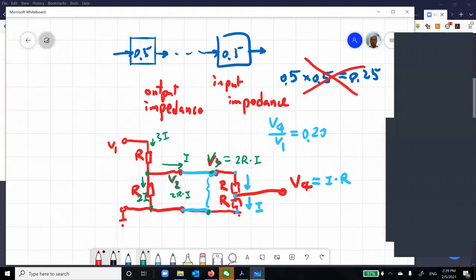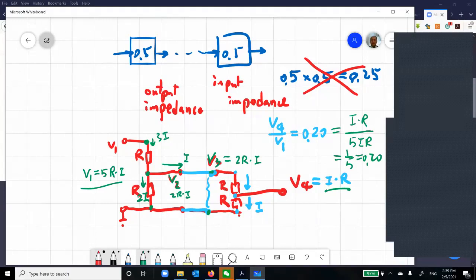So you have 3I times R and 2I times R. So the total voltage V1 is 3I times R plus 2I times R, so V1 is 5R times I, right? So V4 is I times R, divided by 5 times I. So this is 1/5, this is 0.20, right?